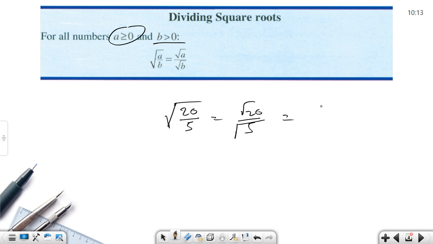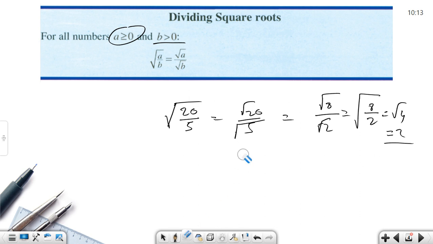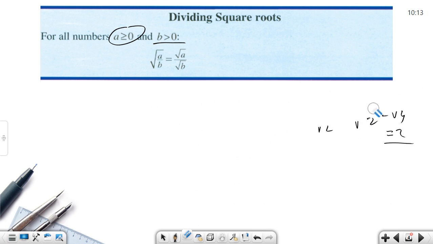Or let's say square root of 8 over square root of 2, this is equal to square root of 8 over 2, square root of 4, that's going to be 2. So we will use these properties to simplify square root expressions.